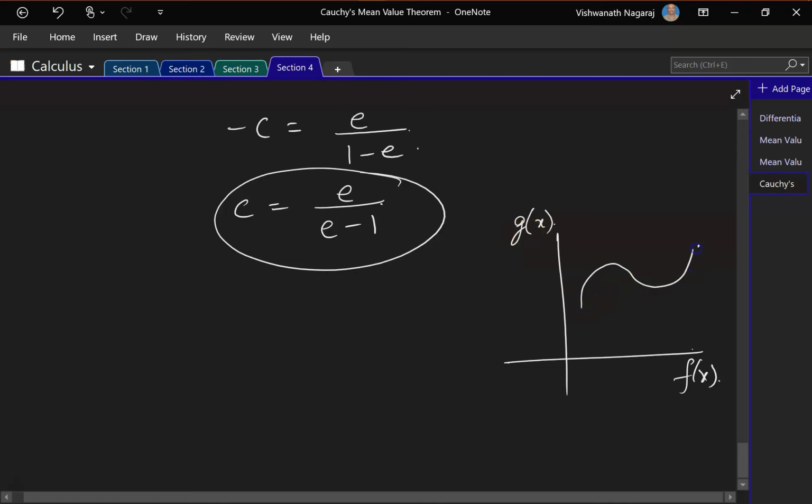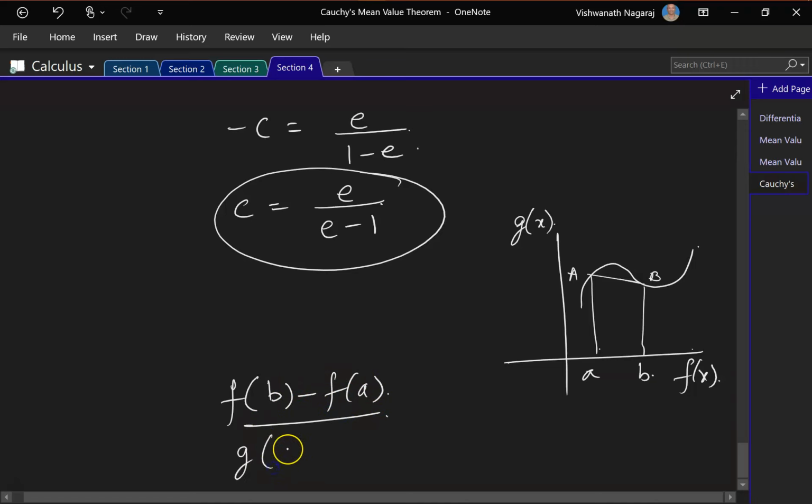And if we have a graph like this is A, and let us say this is B. So what Cauchy's mean value theorem says is the ratio of f of B minus f of A, the ratio of the difference between these 2 points, g of B minus g of A, is nothing but the ratio of the derivatives at some other point.